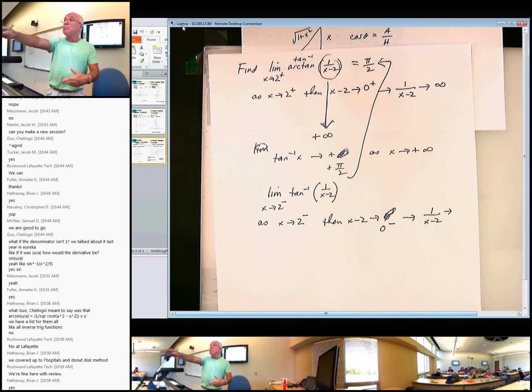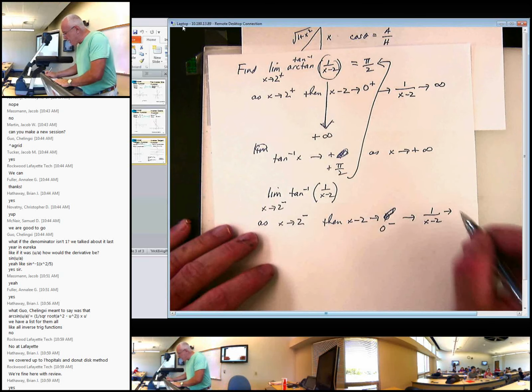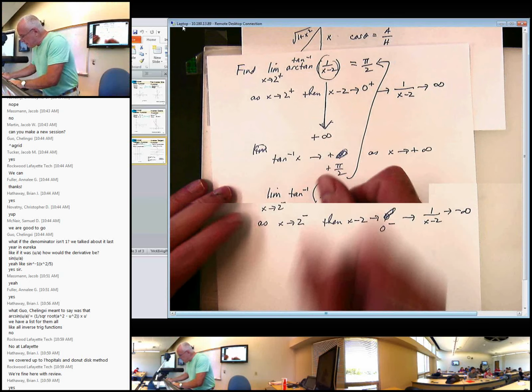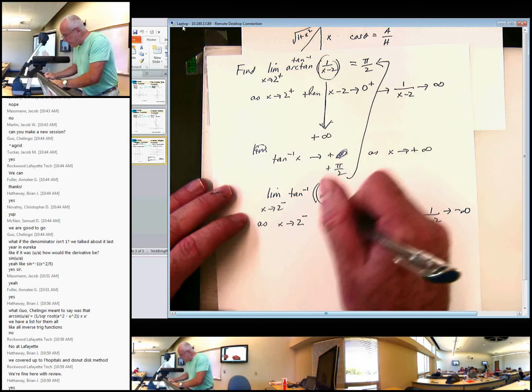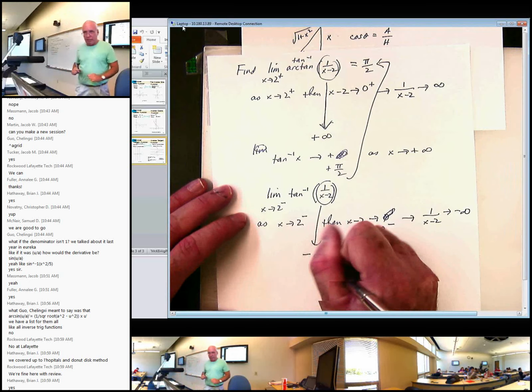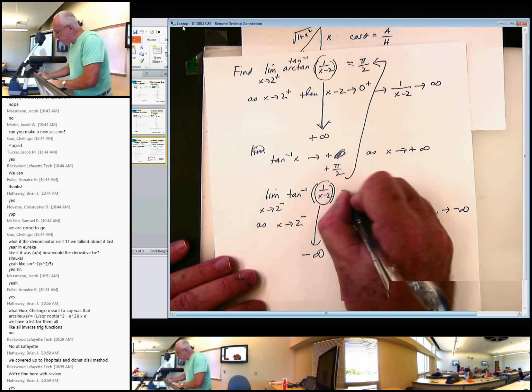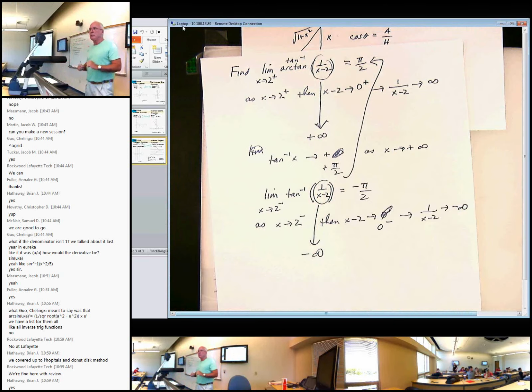Well, smaller and smaller, you're meaning negative infinity. Exactly, right. Okay. So this is going to head towards minus infinity this time around. So therefore, this inner expression here is heading to negative infinity. Therefore, this limit is going to be the negative pi over 2. All right, it's going to be a different limit.